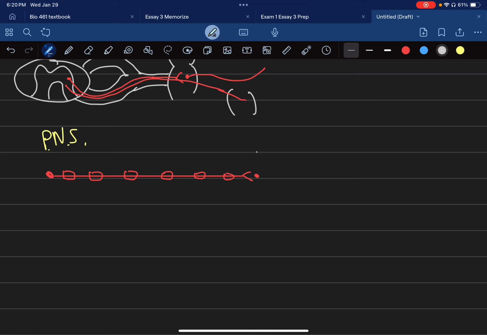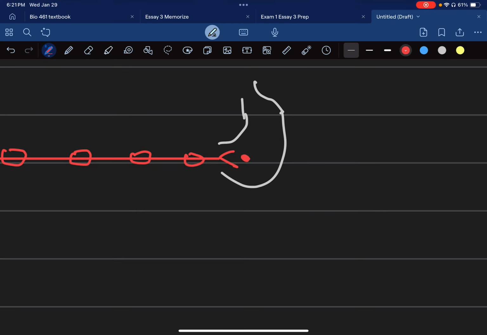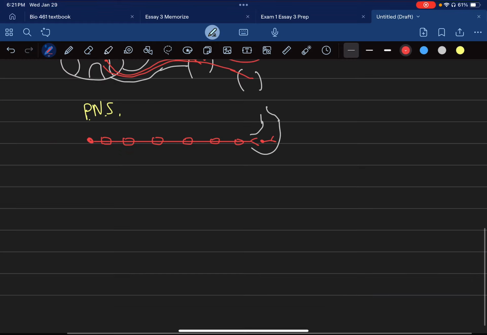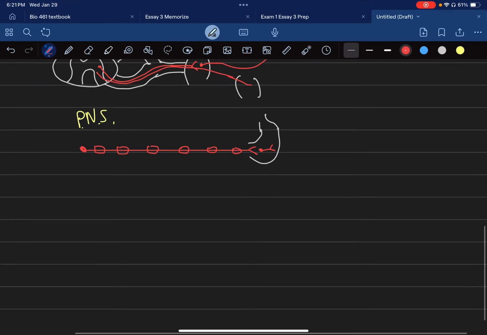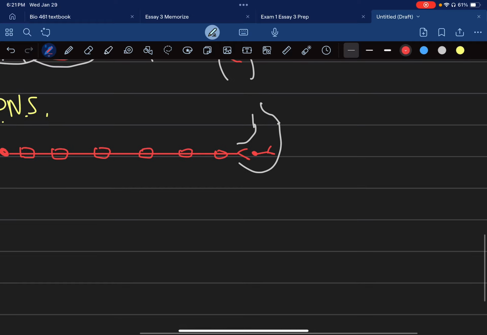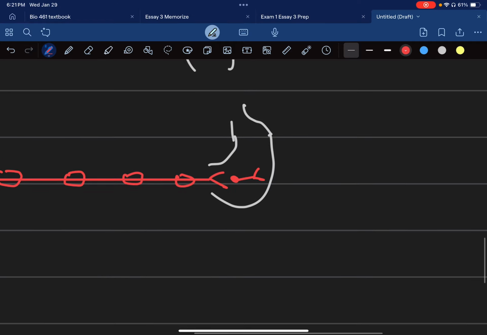So say this is the stomach, then it would synapse right near the stomach, and then that postsynaptic neuron is going to go and immediately release neurotransmitters into the stomach to have an effect. And notice how that postsynaptic terminal is not myelinated.